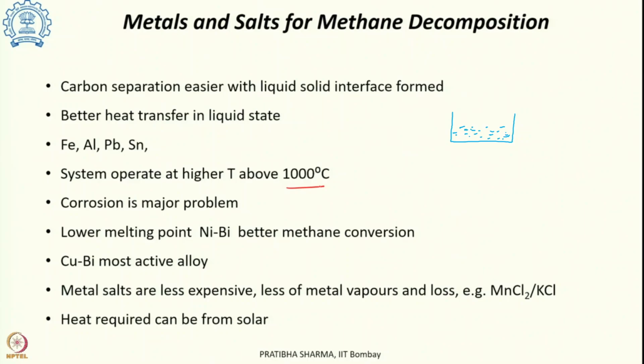Obviously the liquid catalyst can easily transfer heat to the reaction. For the methane decomposition, CH4, it will easily supply the heat and the reaction will occur easily, and it has a little higher efficiency.